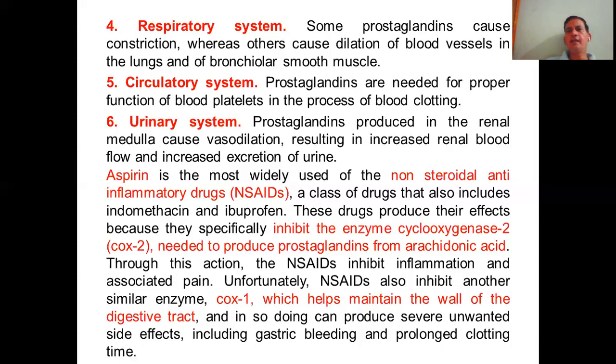Also, it can lead to gastric bleeding and an increase in blood clotting time. So in people who have a problem with blood clotting, or whose blood is thin, with a low level of hemoglobin, it's not recommended to prescribe aspirin.